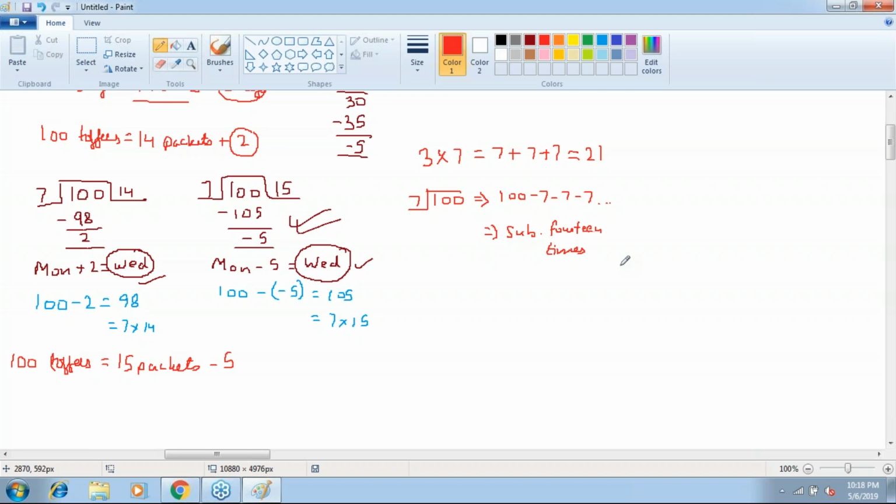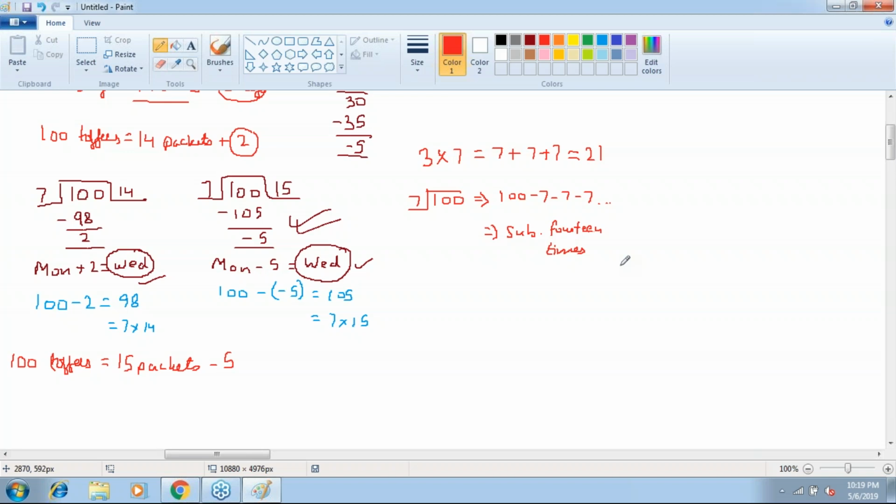Remember the story of making toffee packets? When we made the first packet, we subtracted 7 from 100 toffees. When we made the second packet, we subtracted 7 from 93 toffees, the remaining ones. After subtracting 7 from 93, I get 86. Further, I can subtract 7 from 86 and get 79, then 72. So keep moving by 7 and finally I'll get 2. So division is basically subtraction.